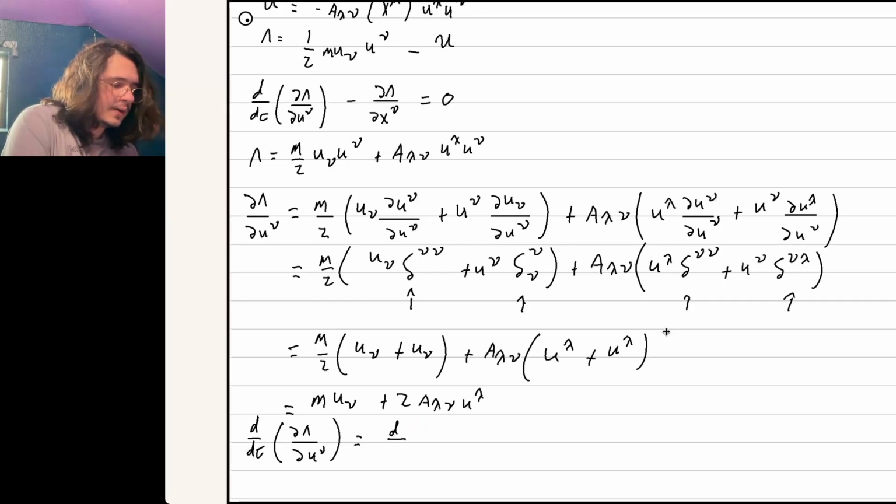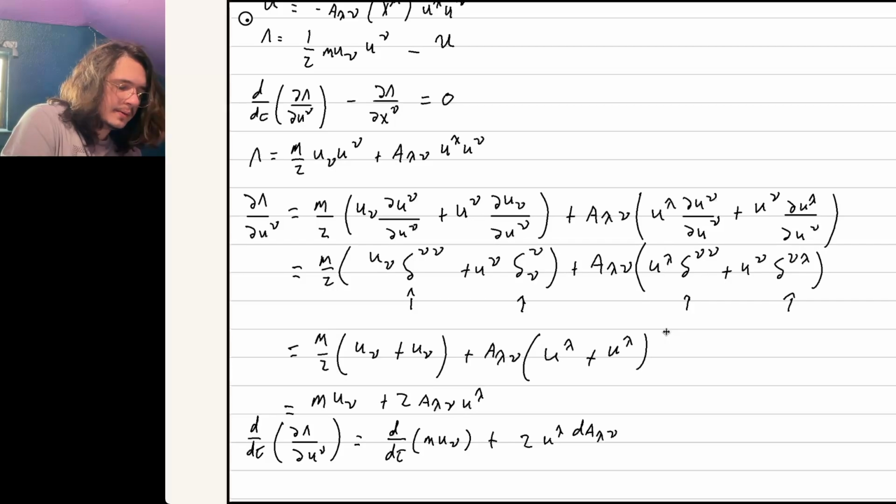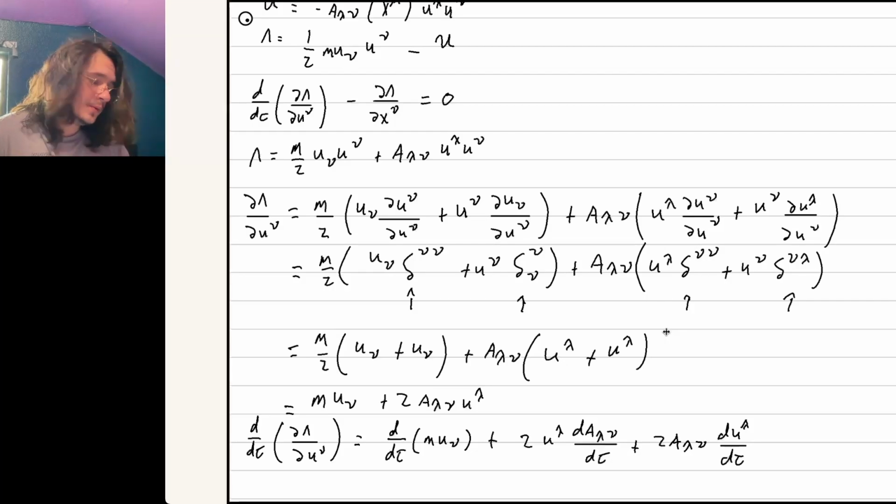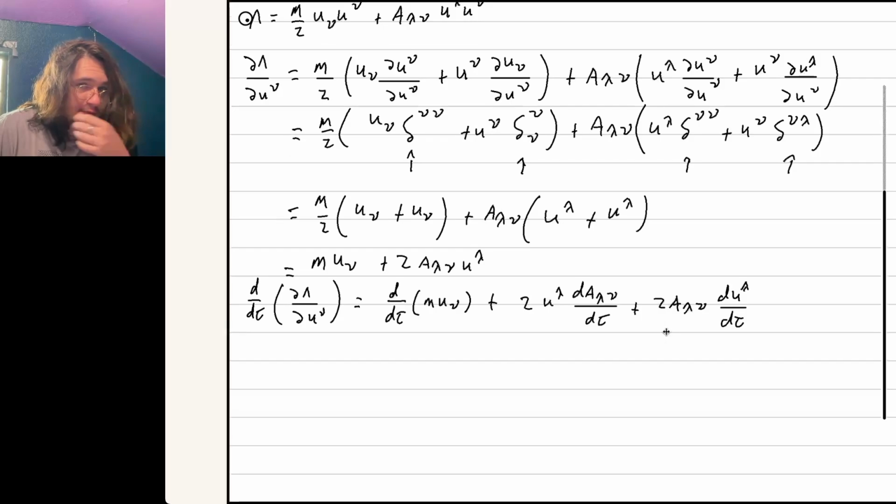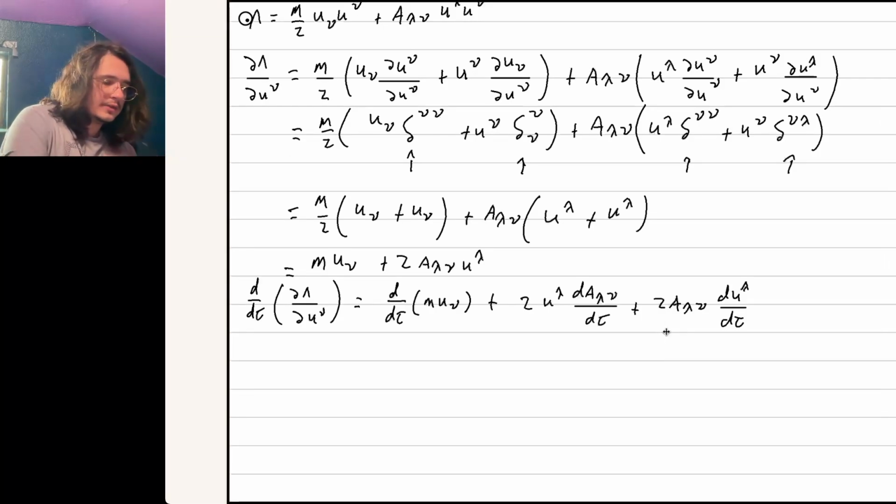You have d tau of m u_nu, and then 2 times u^lambda d a_lambda nu d tau, and a 2a_lambda nu du^lambda d tau. All right. m u_nu is actually the definition of the world momentum. So I'm going to write it like that.